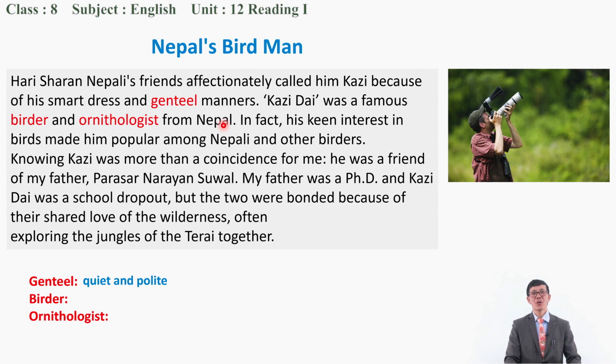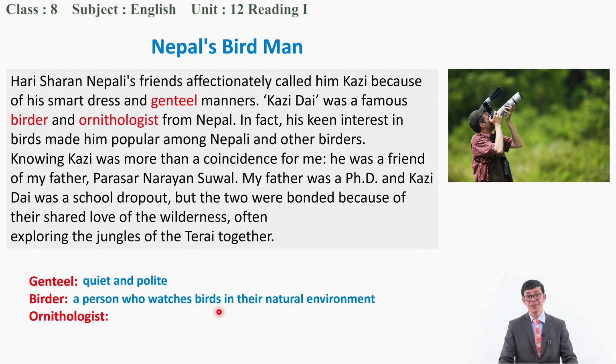Gentle means quiet and polite. Okay, this is his nature. Kajidai was a very polite, quiet, mannered person. And you see the birder, that means a person who watches birds in their natural environment, okay? Yes, a person who studies about birds, who watches birds in the natural environment.